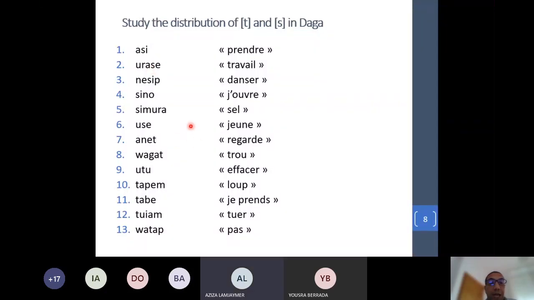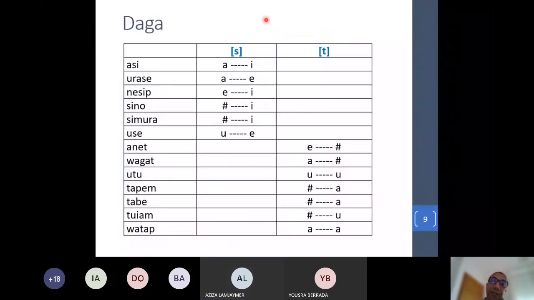It seems that we don't have minimal pairs, so we copy all the environments separately for each word and for each variant, t and s, in two columns. This is what we have here in this slide.